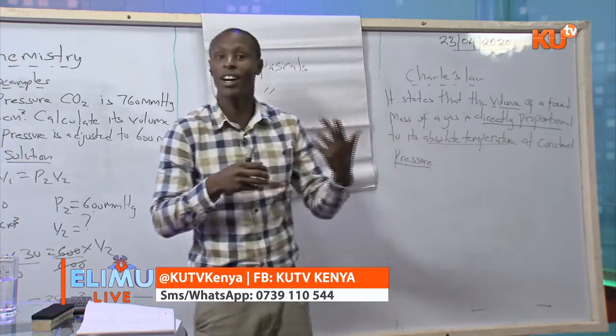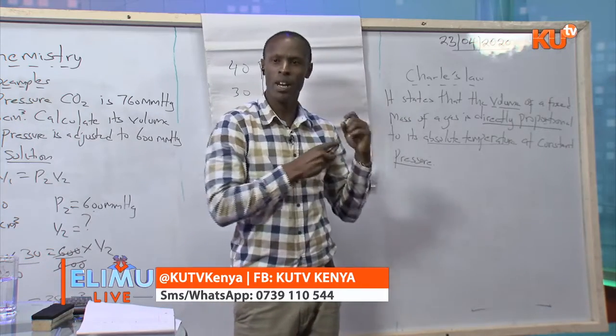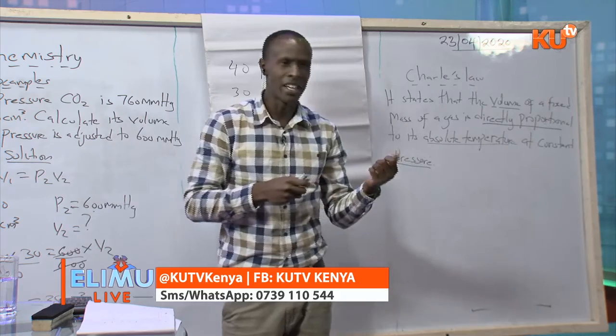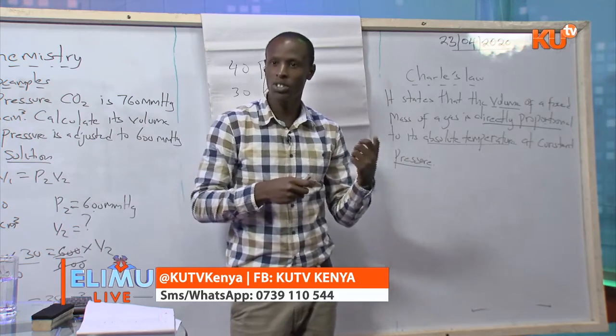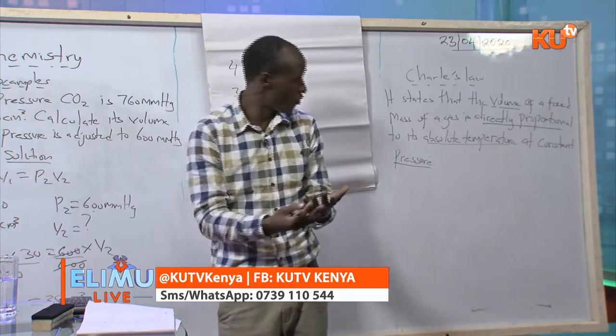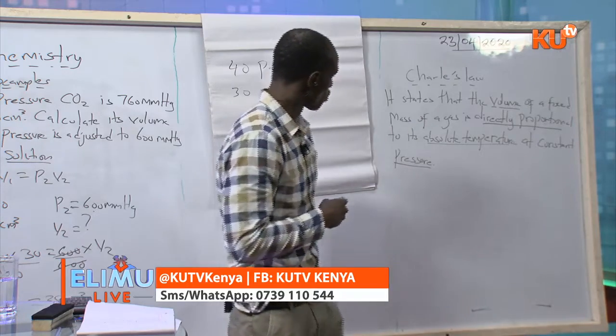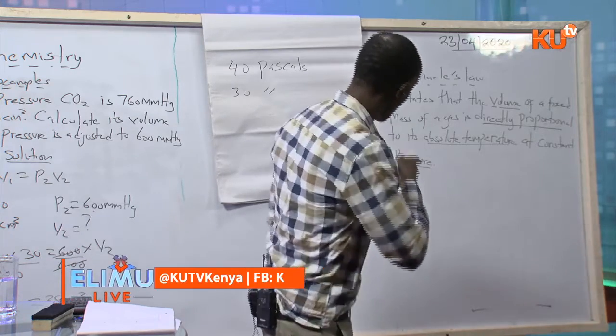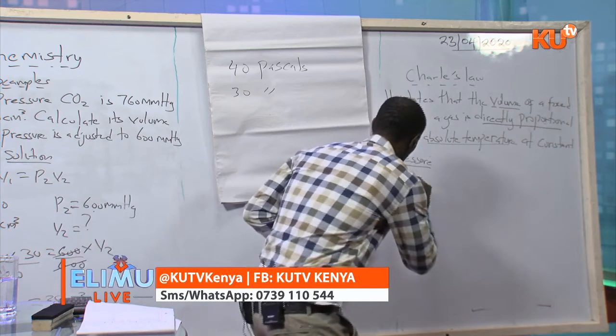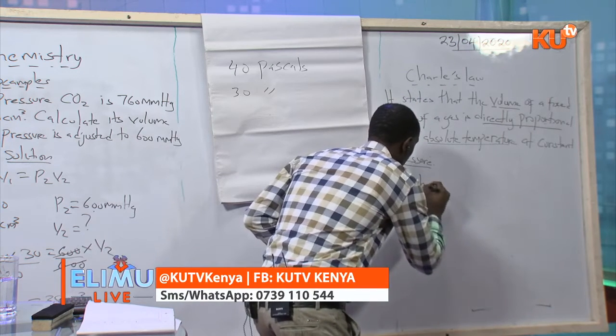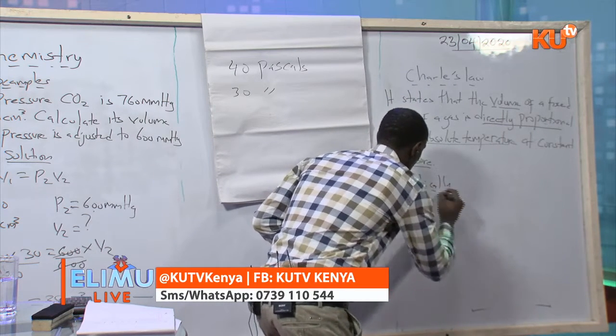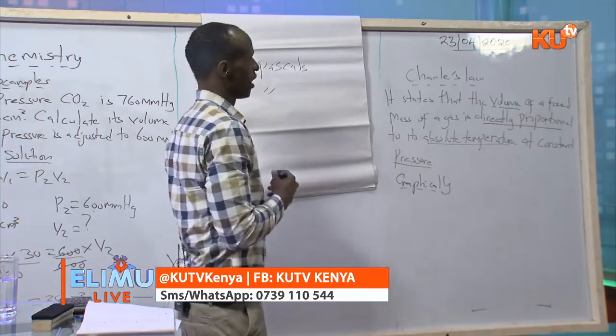Even if you have a car at home or a bicycle, normally in the morning you'll find that the tire is deflated. The reason is low temperature, low volume, according to Charles' law. We'll also show Charles' law graphically, the way we did with Boyle's law.